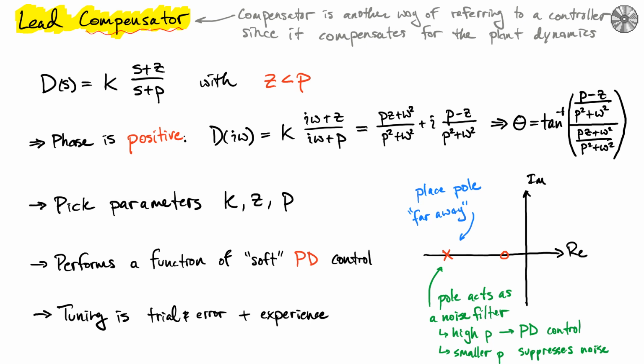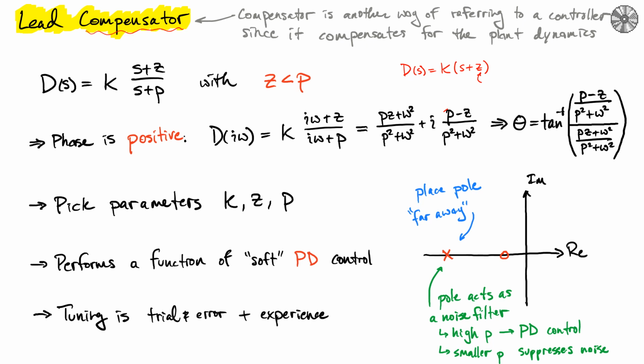A controller is oftentimes a compensator because we think about it as compensating some of the problems or some of the issues that the natural plant brings with it. We started thinking about generalized transfer functions as our controllers when we represented our PD controllers as a gain multiplying some zero, where we introduced this z as the ratio between the proportional and the derivative gains for a PD controller.